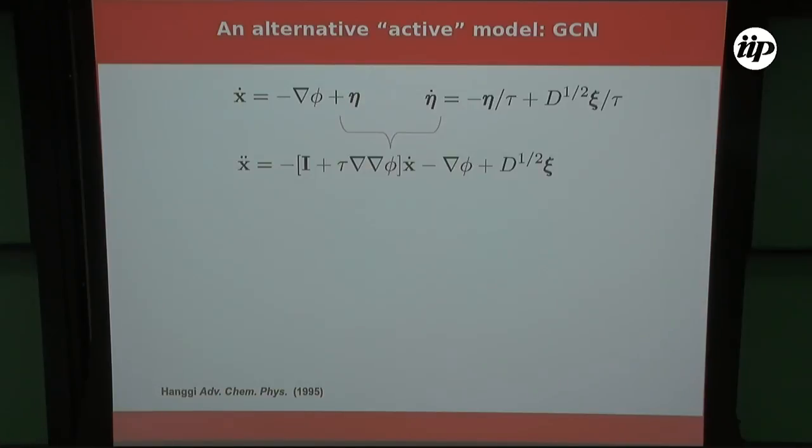And actually, the good thing about this is that it can be manipulated and rewritten as a single equation like this, where I is the identity matrix. Nabla nabla is the Hessian of the potential. So nabla nabla is like an internal product here. It's a fancy notation that we use.